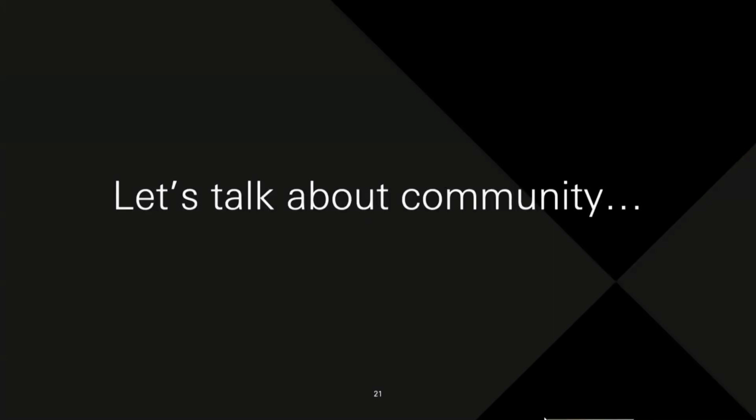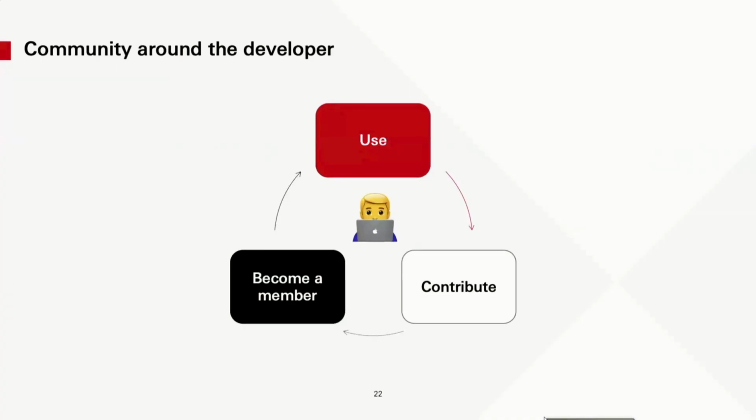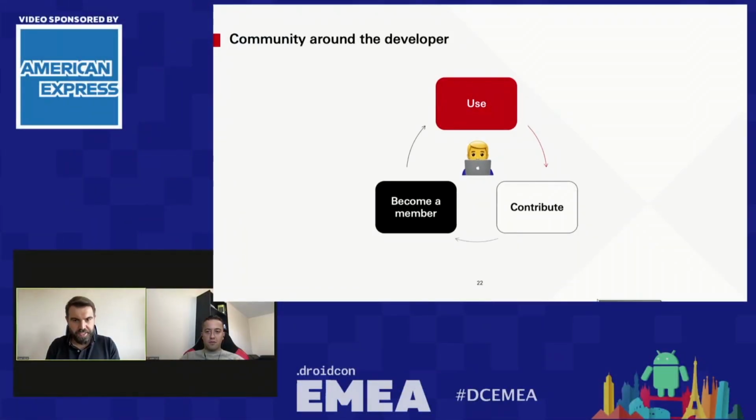Okay, thank you, Jacek. Now we will move on to the topic of building community around our inner source projects. So you have to keep in mind that such community should be developer-centric, and therefore you have to solve three main problems. First one is how to attract the developer to use your software.